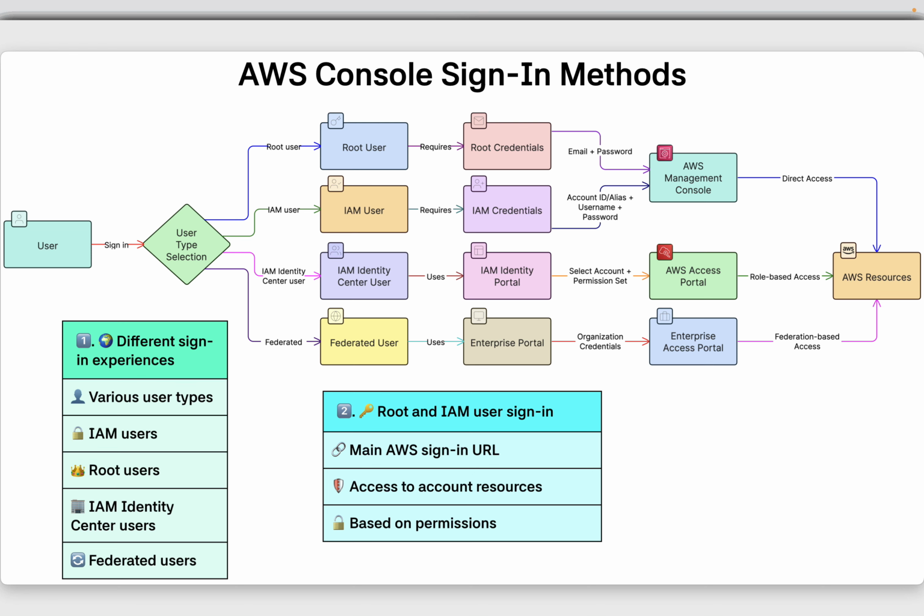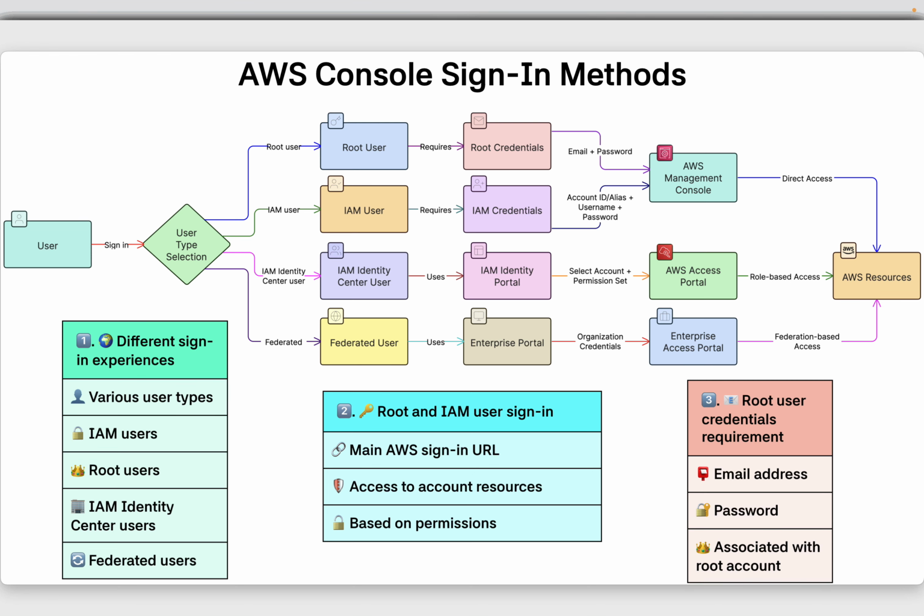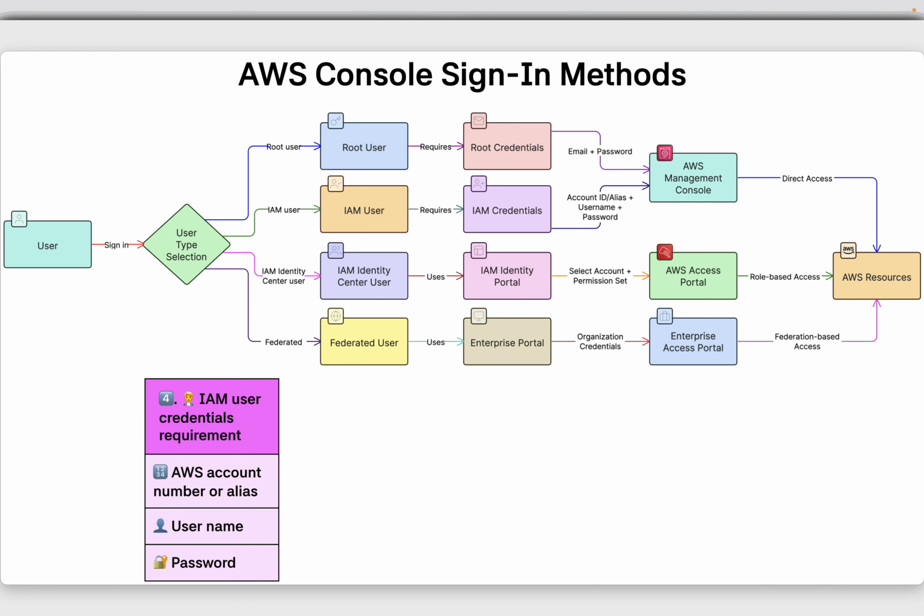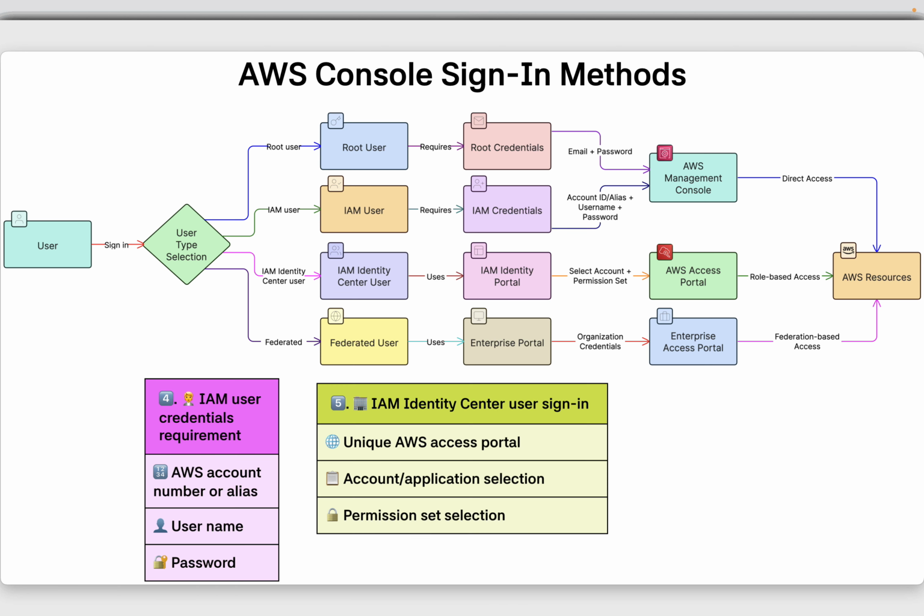Root and IAM users access AWS resources through the main AWS sign-in URL with permissions to account resources. Root user credentials requirement. Signing in as the root user requires the email address and password associated with the root account. IAM users credentials requirement. IAM users need the AWS account number or alias, their username and password for sign-in.